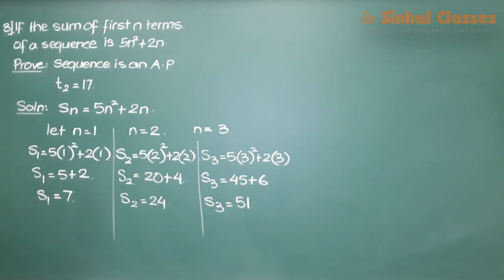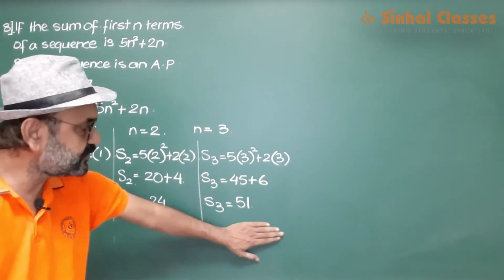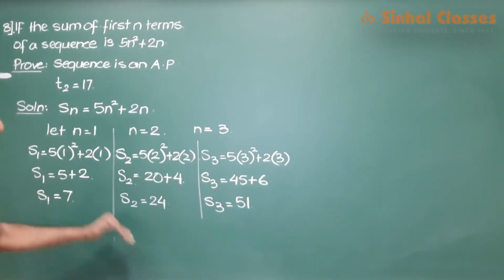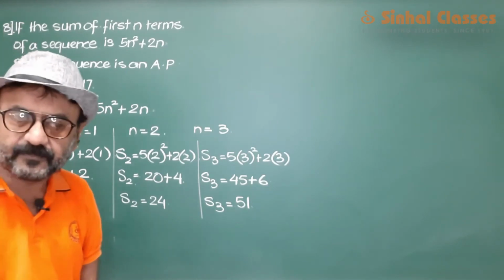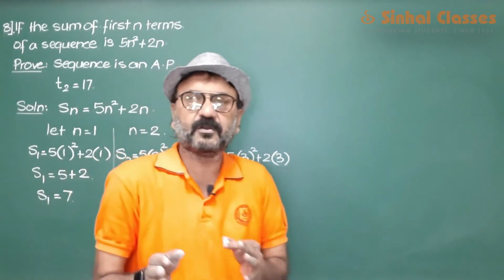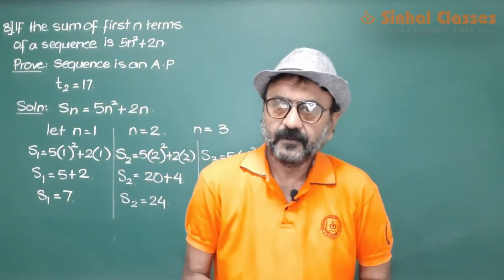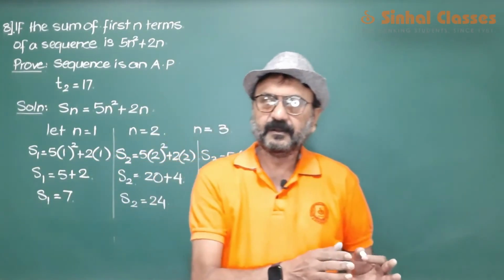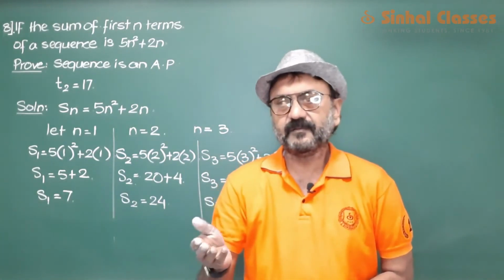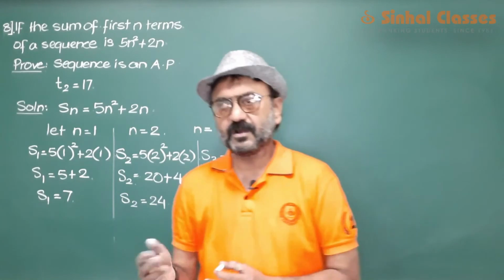Now we have got the values for S1, S2 and S3. With this we cannot confirm whether it is an AP or not. We can confirm whether the given sequence is an AP or not only when we know T1, T2, T3. Only after knowing the terms can we say whether it is an AP or whether it is not an AP.